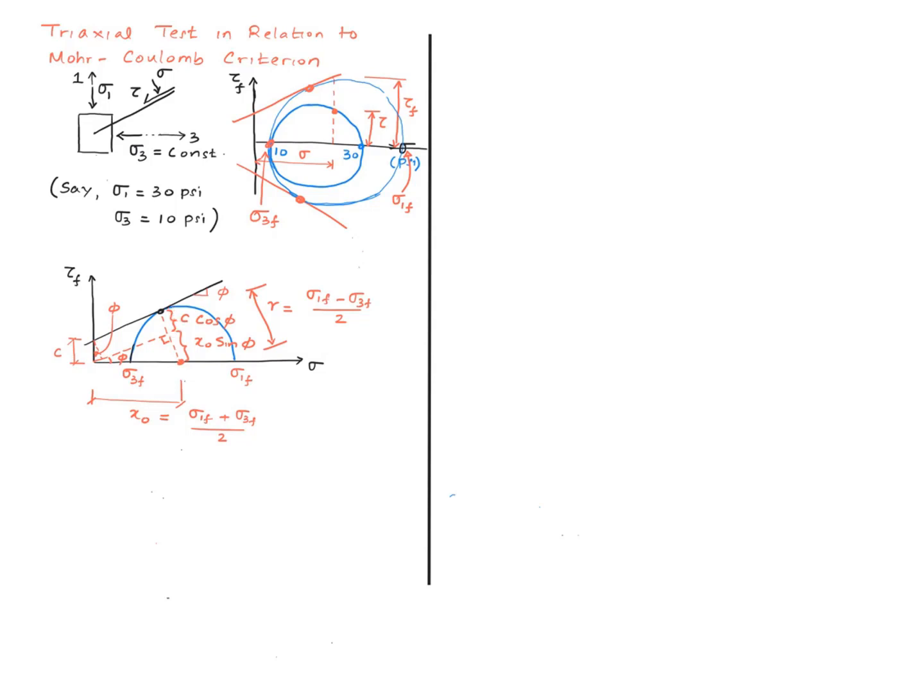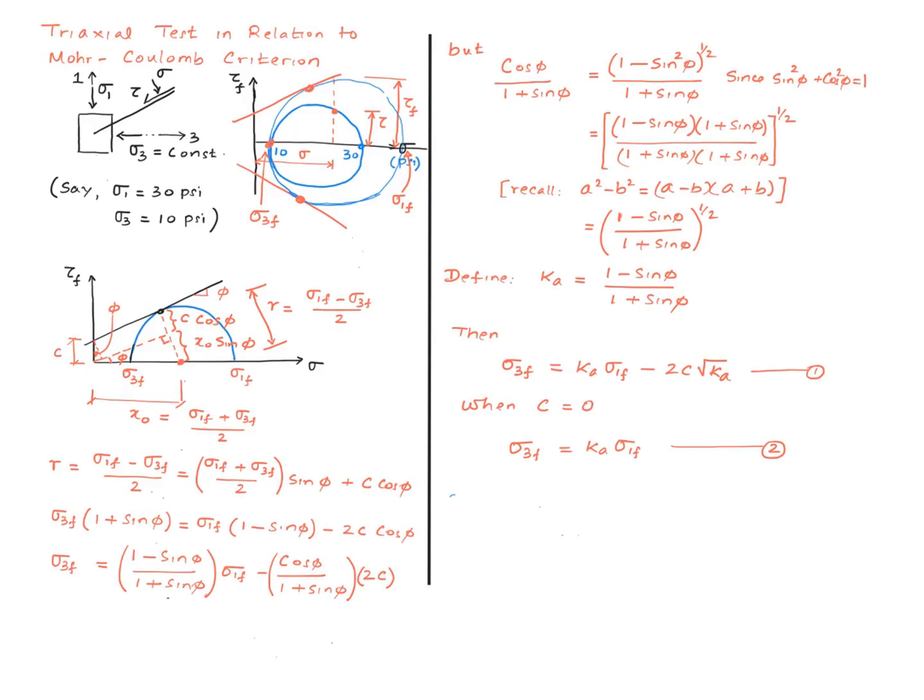In other words, this distance is c cosine phi. Now if I add these two, that should be equal to the radius, right? So here is my analysis. I know it's a bit lengthy, but I wanted to show you all the intermediate steps like this and this so that you can kind of follow through. So I'll let you follow through. Eventually, we end up with this equation right here, where Ka is defined as the ratio between 1 minus sine phi and 1 plus sine phi.